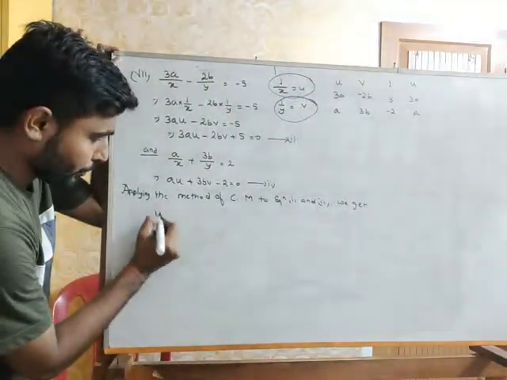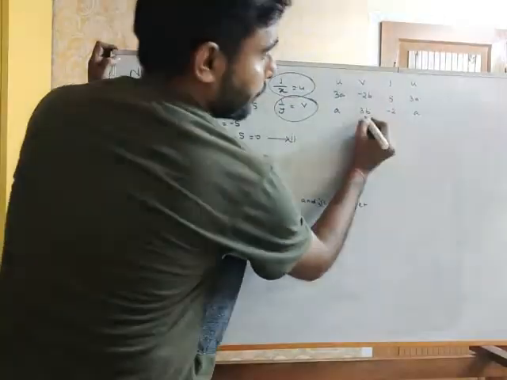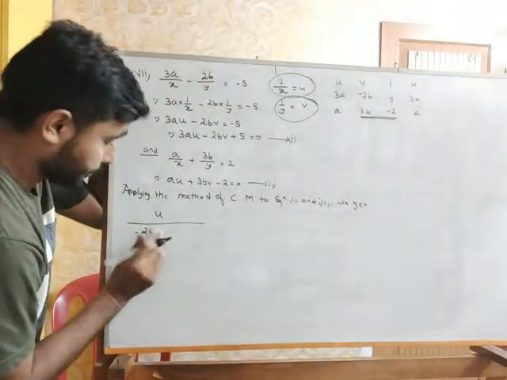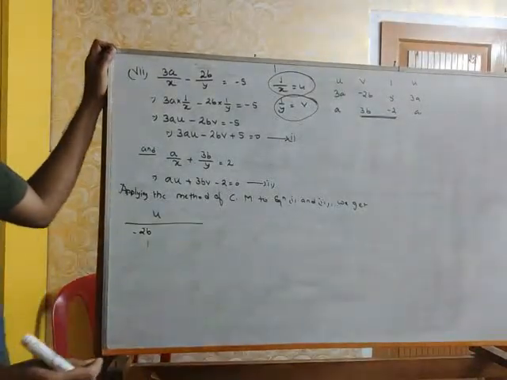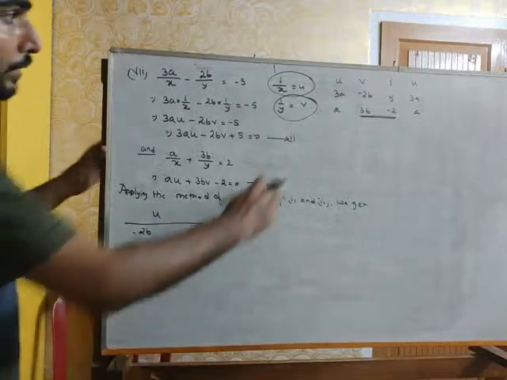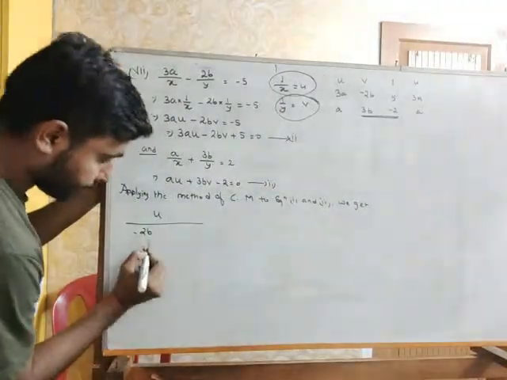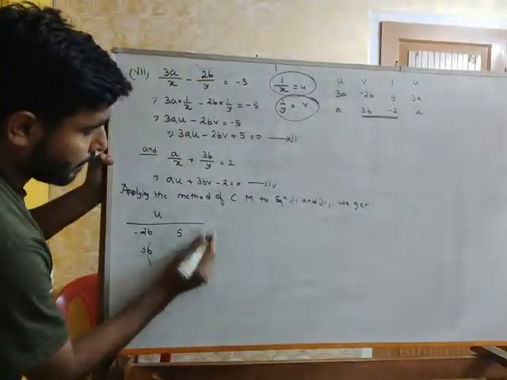So first we will find for u, leaving this one out, we get this 2: -2b and 3b, and for the constant term 5 and -2.